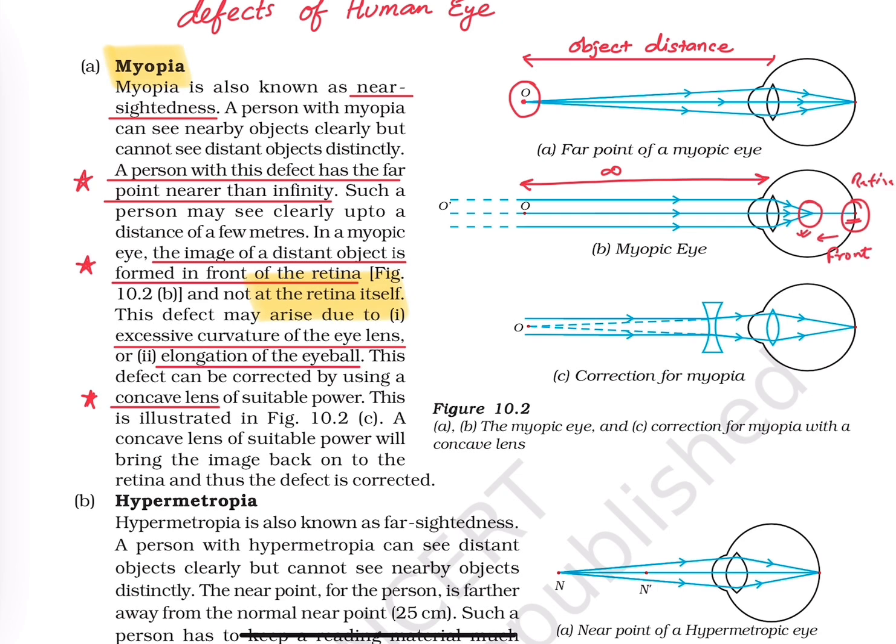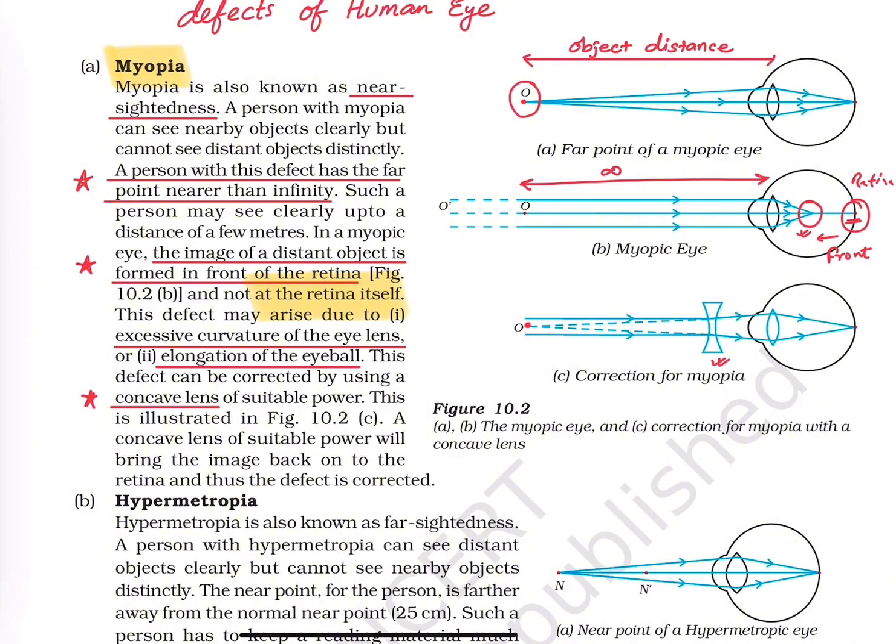To correct this type of defect, what do we have to do? We have to place a concave lens. When a concave lens is provided, now we can observe that if the object is placed at an object distance O, then we can easily see the object.